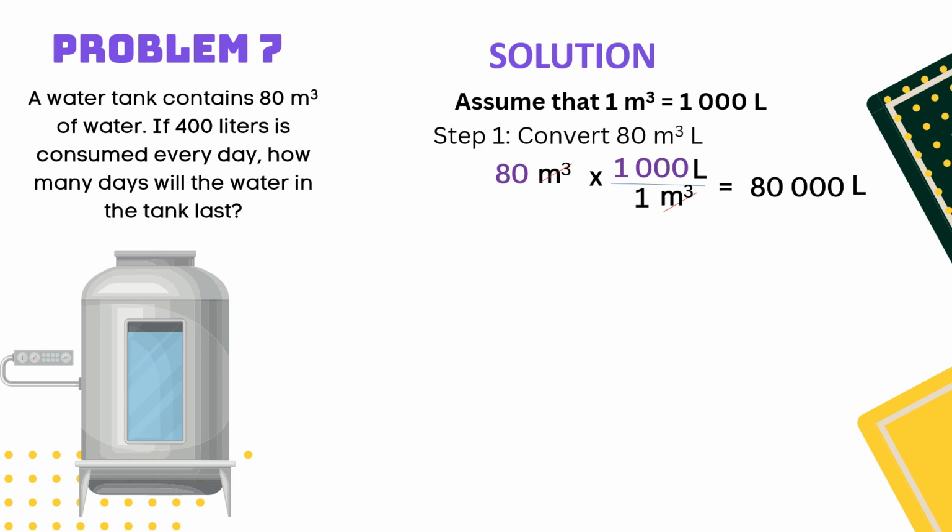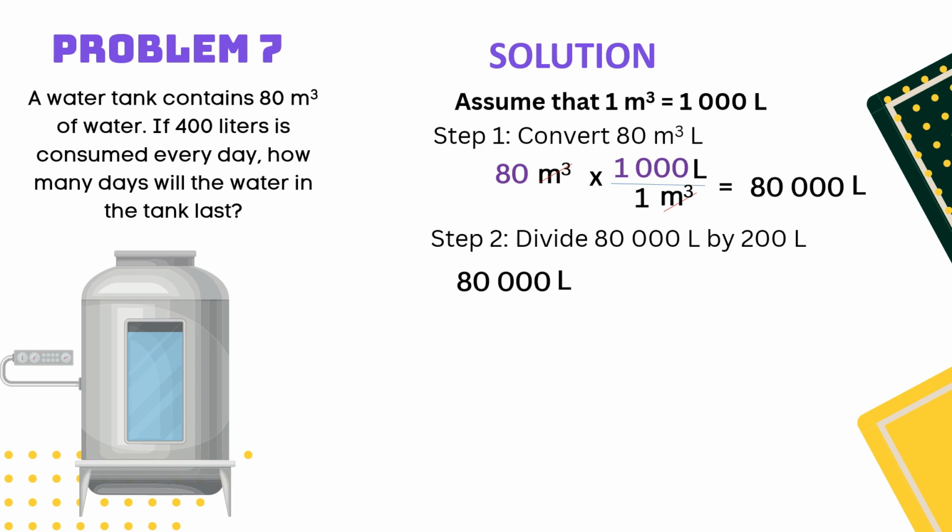Then the unit of measurement is liter. Next is we're going to divide 80,000 liters by 200 liters. So in our problem, it is said that if 400 liters is consumed every day, how many days will the water in the tank last?